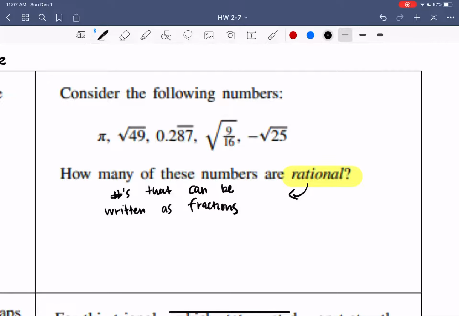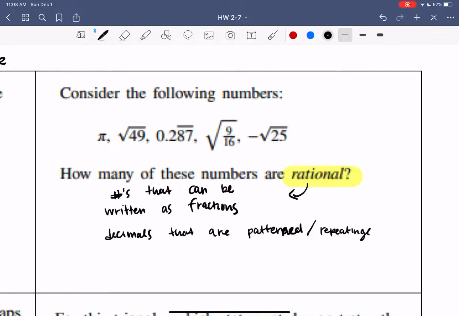They have decimals that are patterned or repeating.